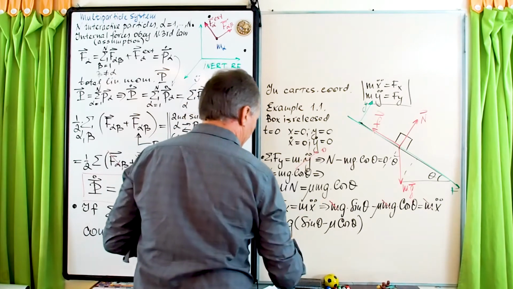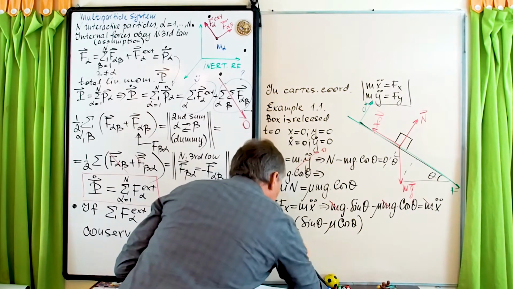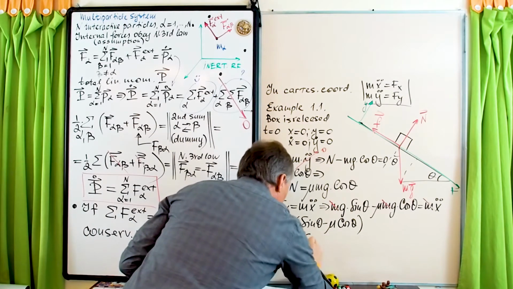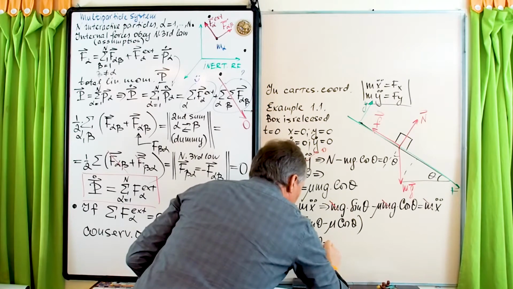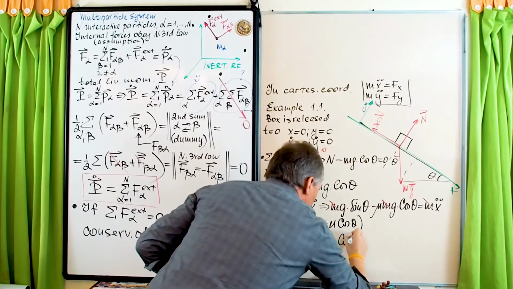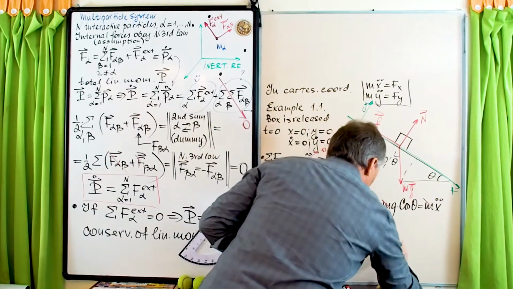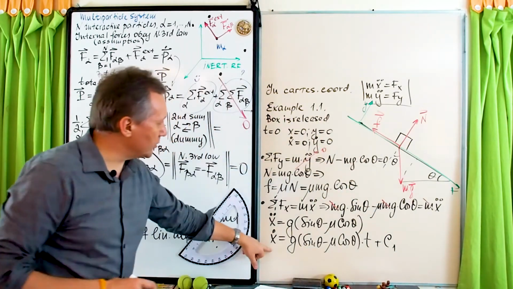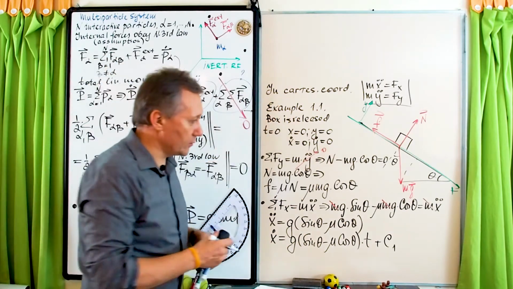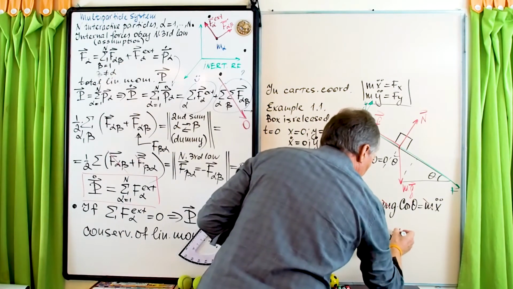Right, so I will continue. Okay, maybe this line I can still fit. X dot equals g times sine theta minus mu cosine theta, times t, plus some constant, let's call it c1. But of course that constant is 0 because the initial velocity is 0. We can easily apply initial conditions, so this will be 0.